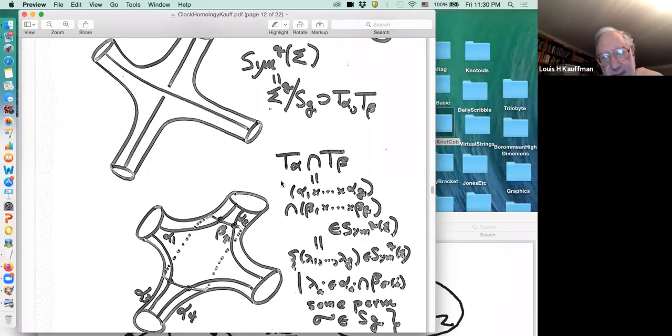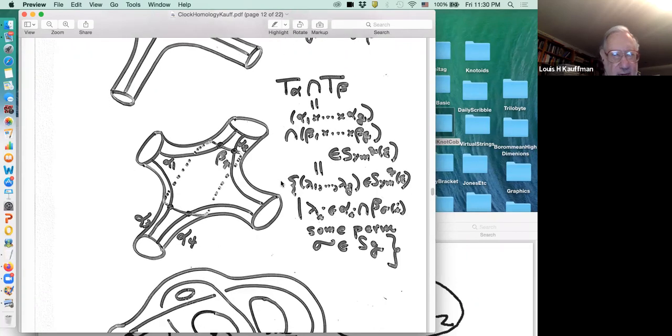And then you look at the intersections between T alpha and T beta, these high-dimensional toruses. And a point in one of them can be regarded as a sequence of points which are in the intersections of alpha i's and betas permuted by some permutation.